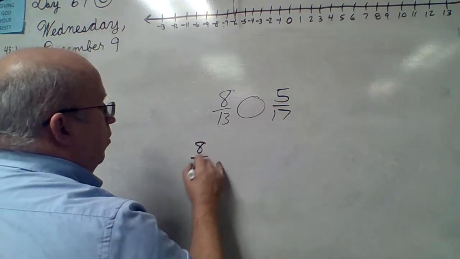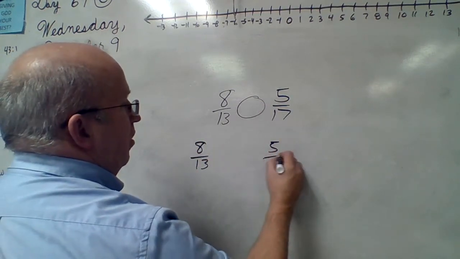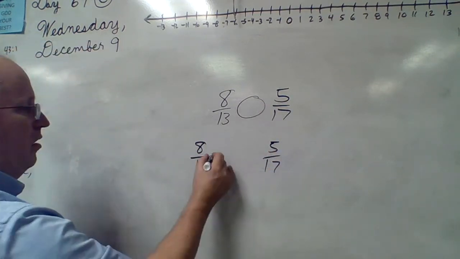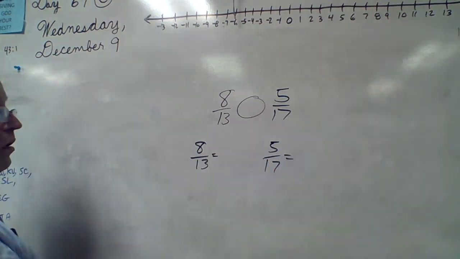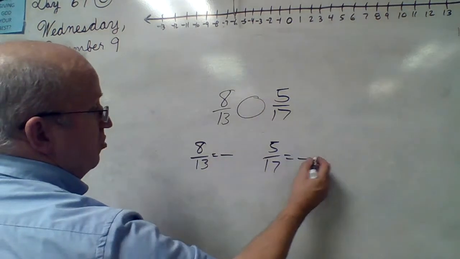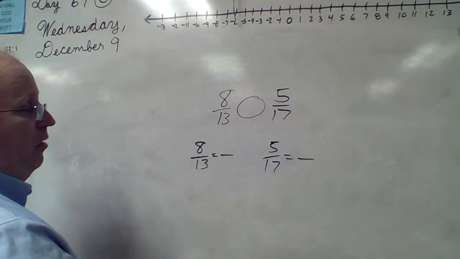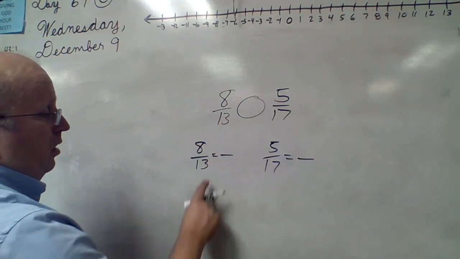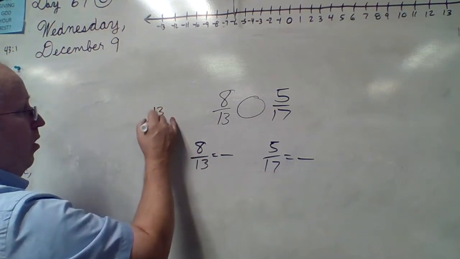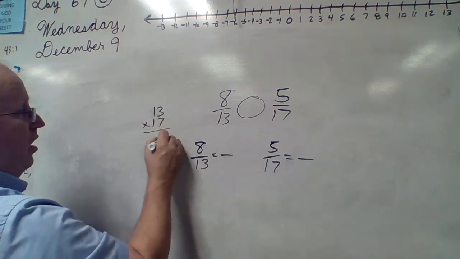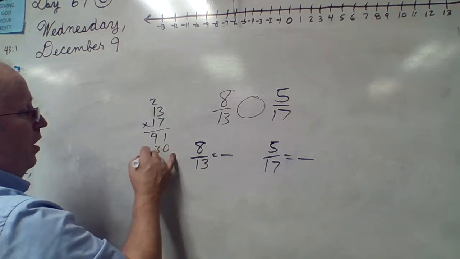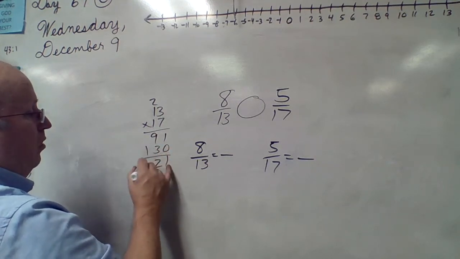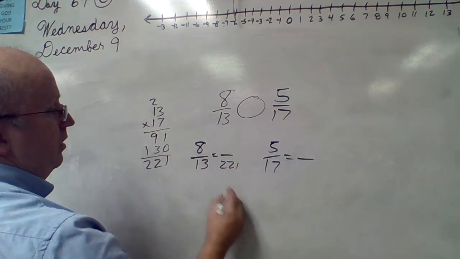Uh-oh, I wonder what a common multiple is for 13 and 17 so that we can figure out some fractions that have the same denominator, right? Well, I happen to know that the smallest multiple these numbers have in common happens to be the number you get when you multiply the two numbers together, which in this case is 221.